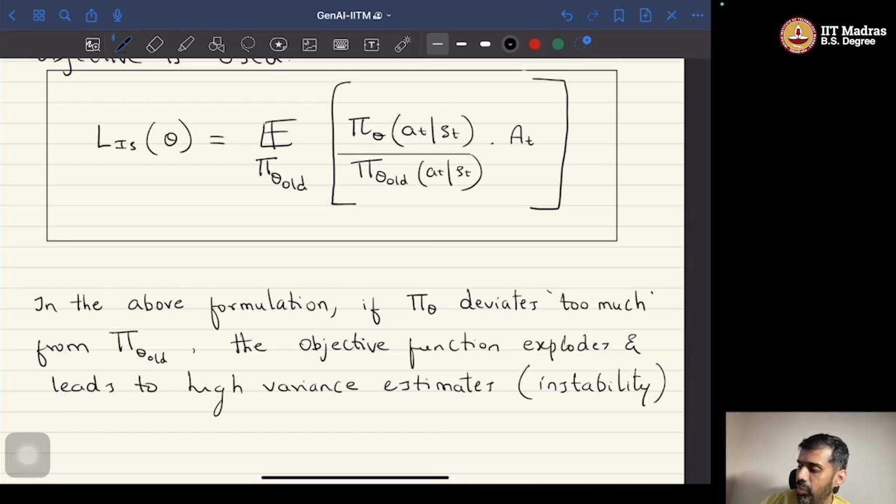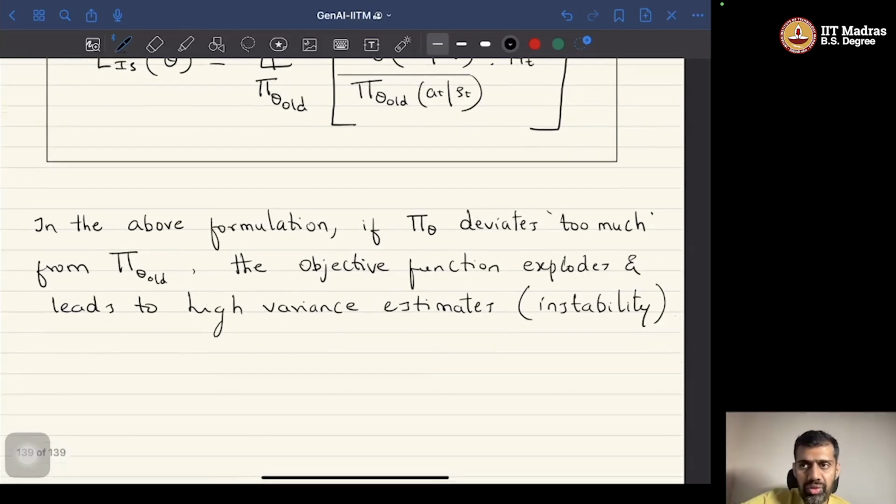So meaning, while we are updating the policy pi theta, we don't want that to get updated too fast, in the sense that we don't want that to deviate from pi theta old too much. Okay. So how do you ensure that this does not happen? There's an obvious way to do this, which is to constrain this optimization problem using some KL type of divergence constraint that would not let pi theta go too far away from pi theta old. That's the idea.